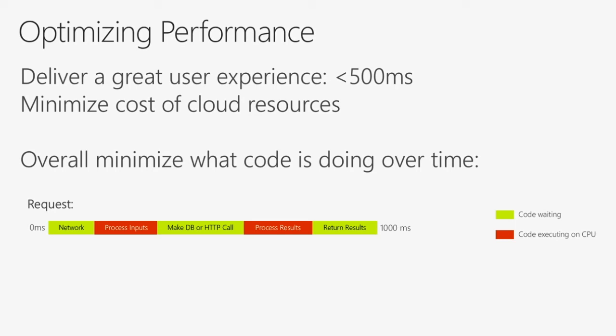And then it gets the results back from the database or other servers, and it runs a regex over the data or runs a LINQ query to then process it, and then returns that to the user, which then takes more network time.